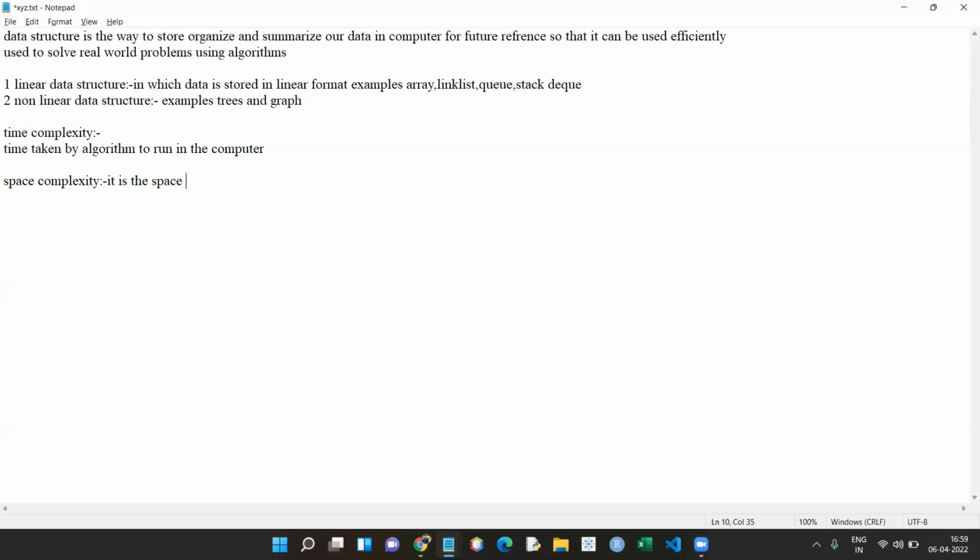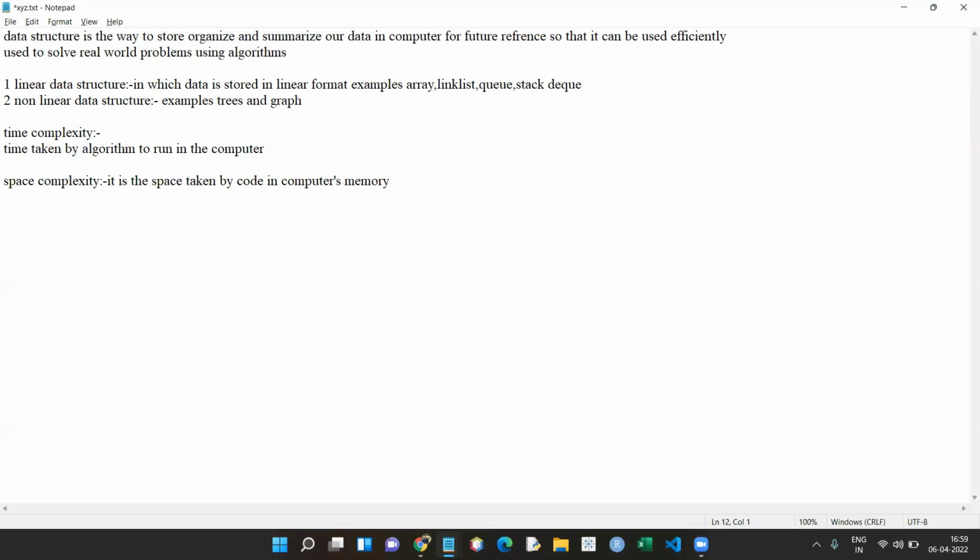So space complexity is the space taken by your code in the computer's memory.